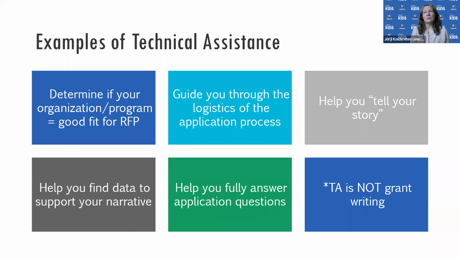They can help guide you through the logistics of the application process. For example, they can help ensure that you have all the required pieces to make sure the application is complete. Or they could help you navigate King County's online grant application system, which is called Zoom Grants.